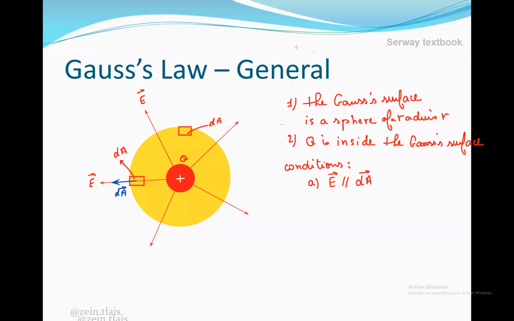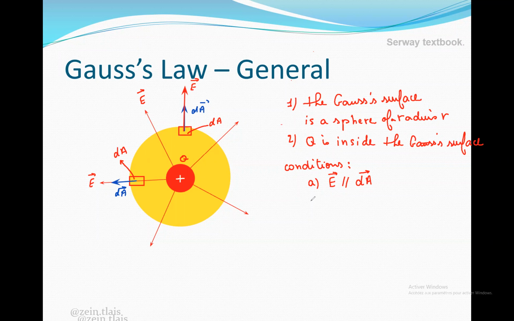The dA vector is perpendicular to this plane, and here at this point you see that the electric field is like this, and so on. So this surface must respect this point, that E must be parallel to dA.